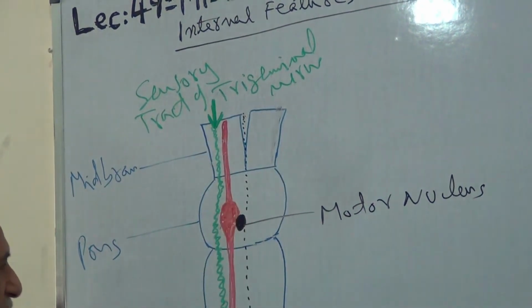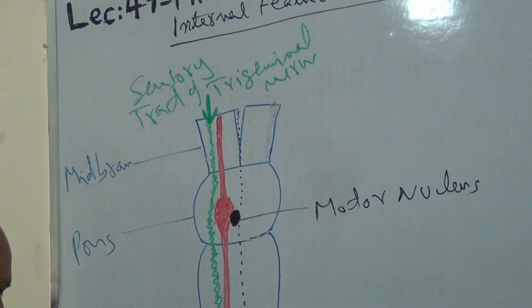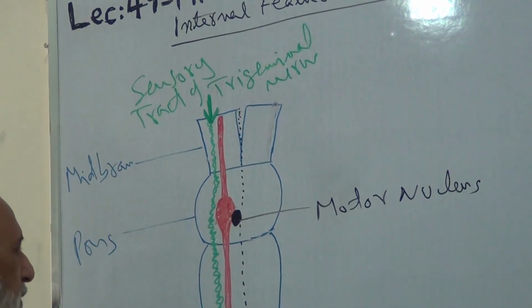So parallel with the sensory nucleus is the sensory tract of the trigeminal nerve.